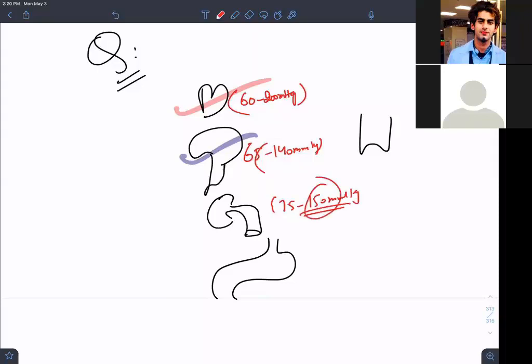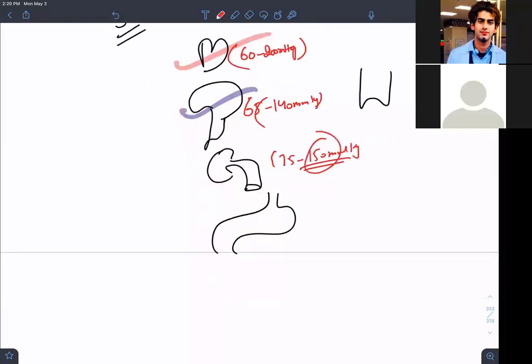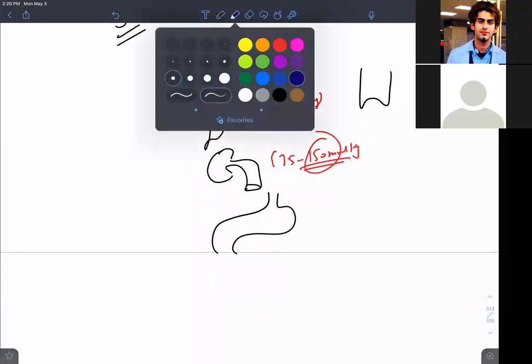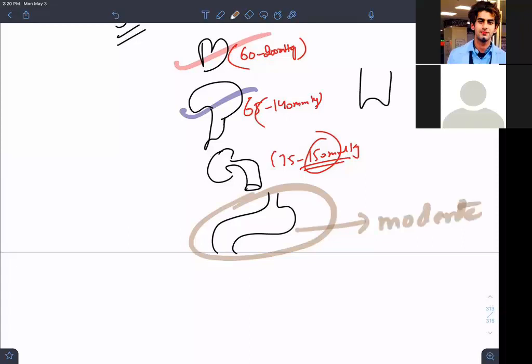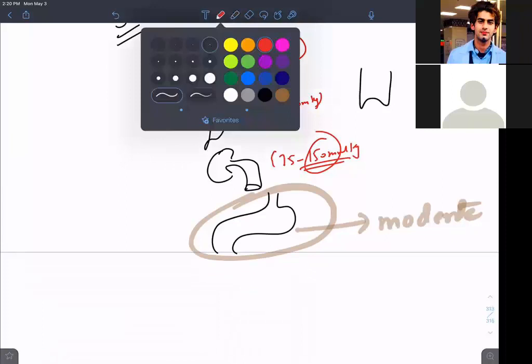So these are the cases. What about GIT? GIT, moderate. Remember, moderate. Who has the least autoregulation?